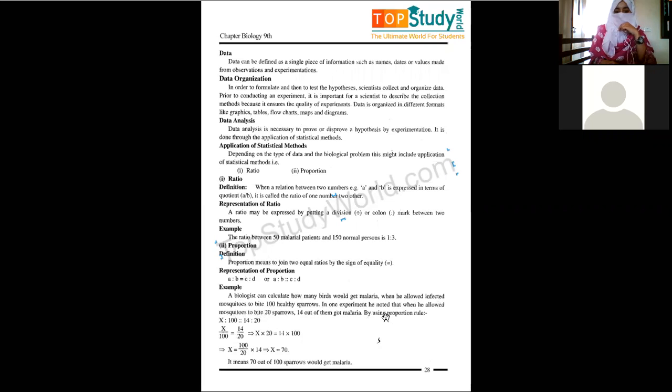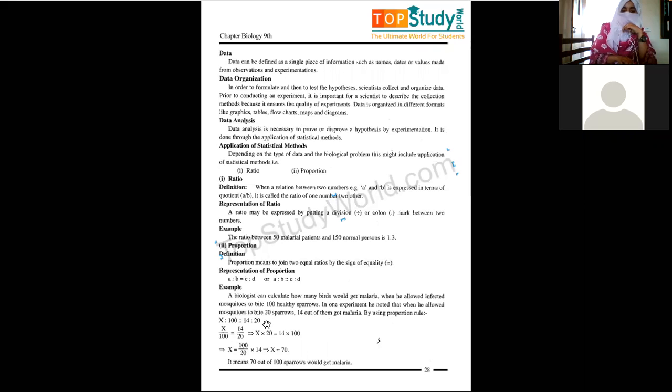In one experiment he noted that when he allowed mosquitoes to bite 20 sparrows, 14 out of them got malaria. This is the experiment performed before, and the result is that 14 sparrows got malaria out of 20.